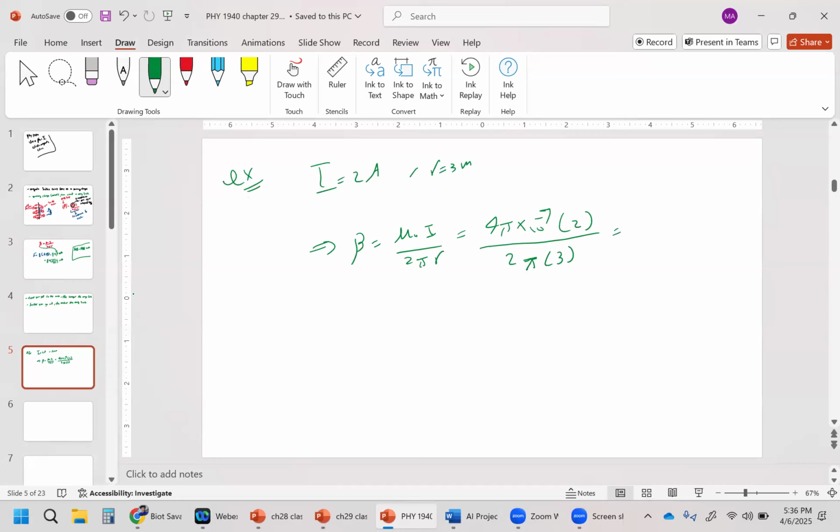In this case, the 2 cancels out, pi's cancel out. So you should get mu naught over 3 pi. And if we calculate that, we should get 1.3 times 10 to the negative 7 Teslas.